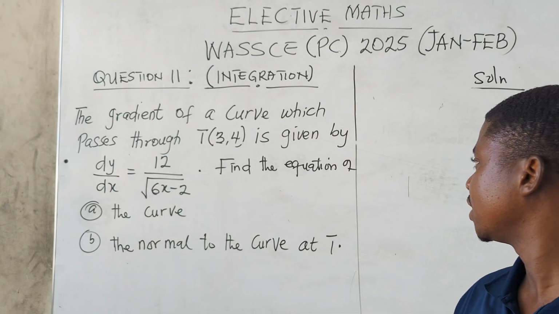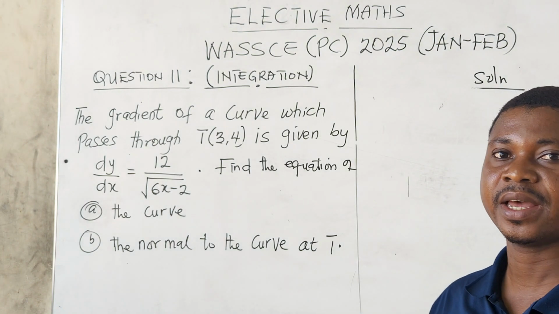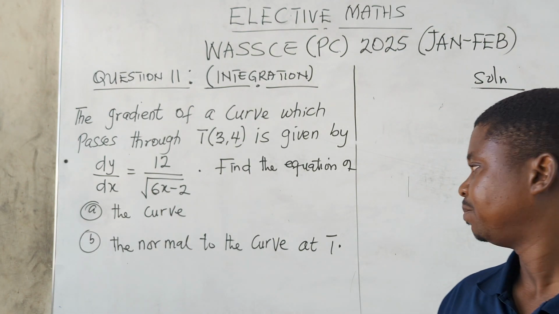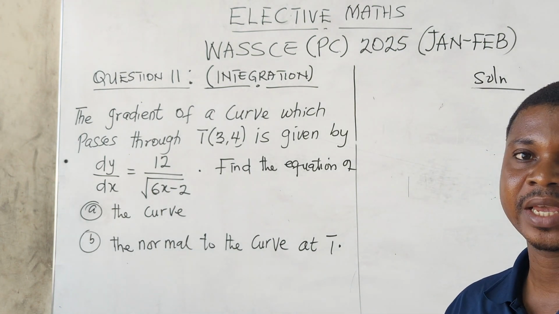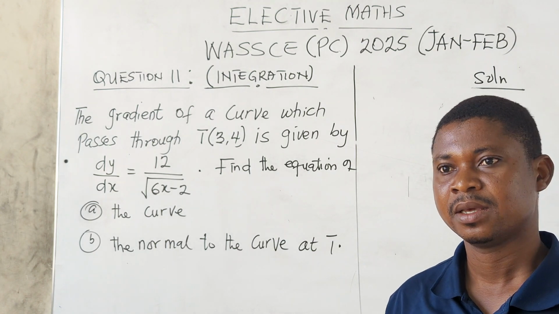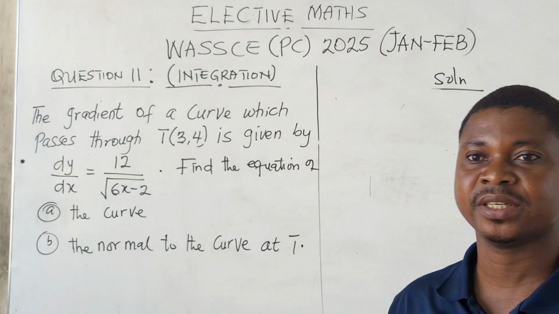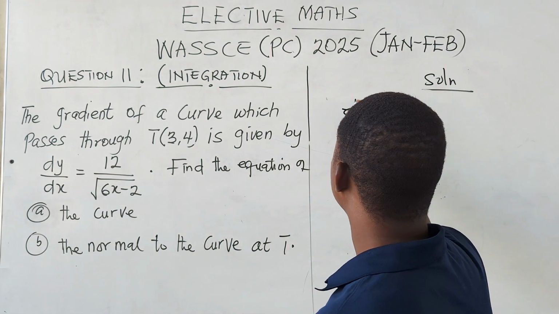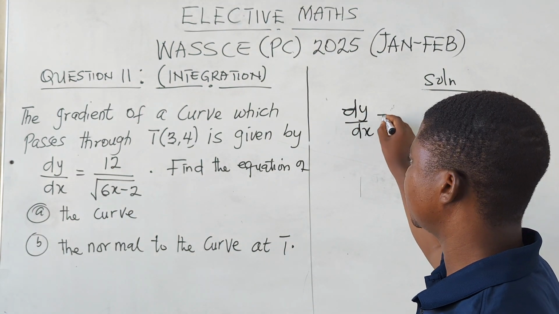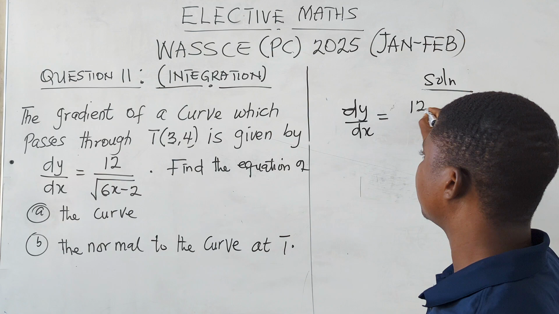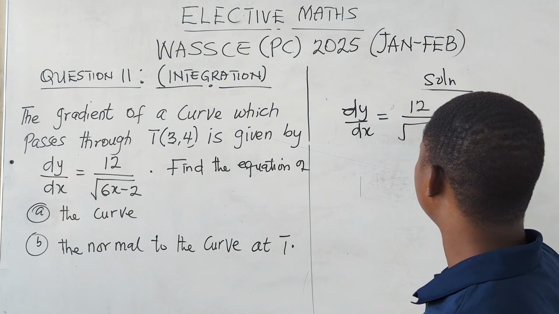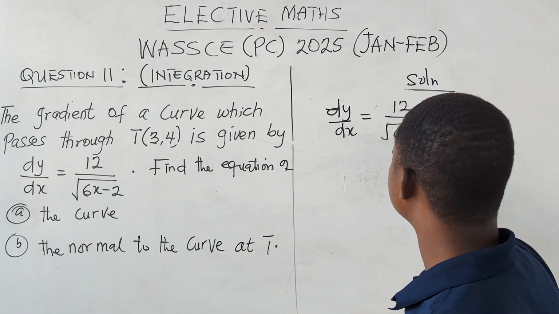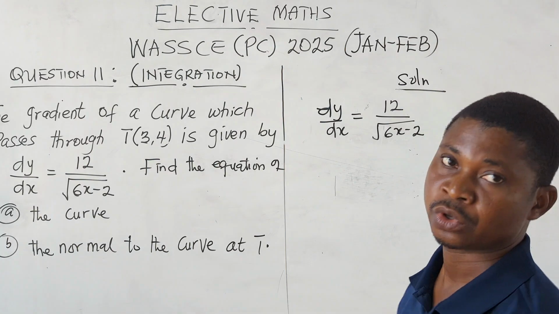Find the equation of A, the curve, B, the normal to the curve at T. This is our question, and it is given to us as dy/dx equal to 12 over square root of 6x minus 2.